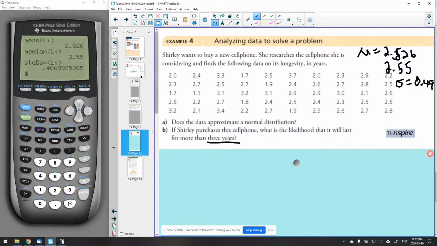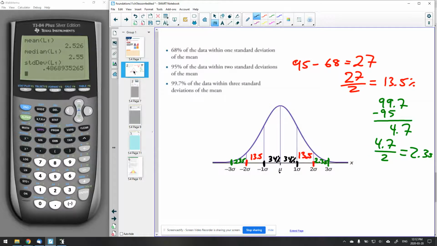So if we flip back to here, 50% of our data is going to be on this side here, under the curve. So that 3 years is one standard deviation above. So we're going to take this 50% and add it to our 34%.